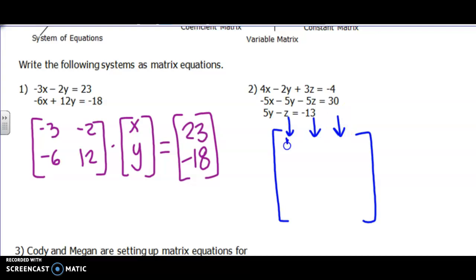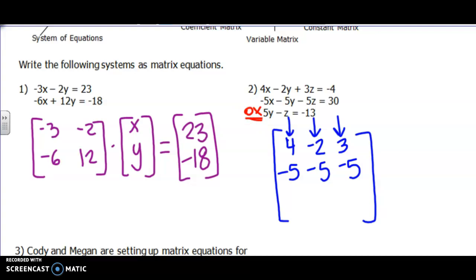So coefficients for x would be 4, the coefficient for y is -2, and the coefficient for z is +3. For the second equation, your coefficient for x is -5, your coefficient for y is also -5, and same for your coefficient for z. Now, in this equation, notice there's no x here.